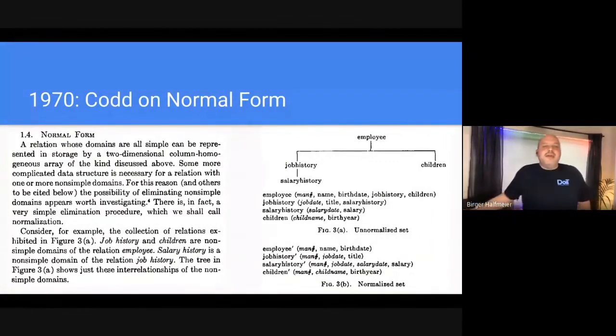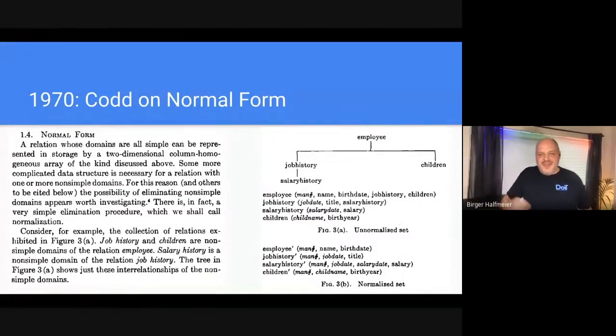His model did actually allow for something like what we can see on the top right, where you've got a nested structure of essentially tables within tables, or in his language, relations within relations, or an attribute of a relation being of a non-simple type, which is another relation. The example here is you've got employees, and I apologize, it was 1970. He did choose man number as the primary key for his employees in this example.